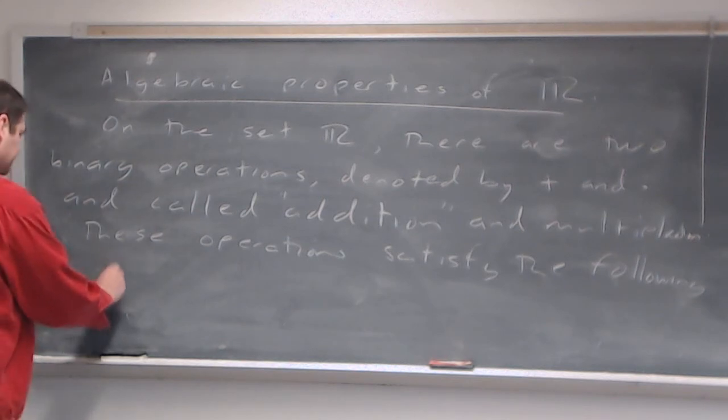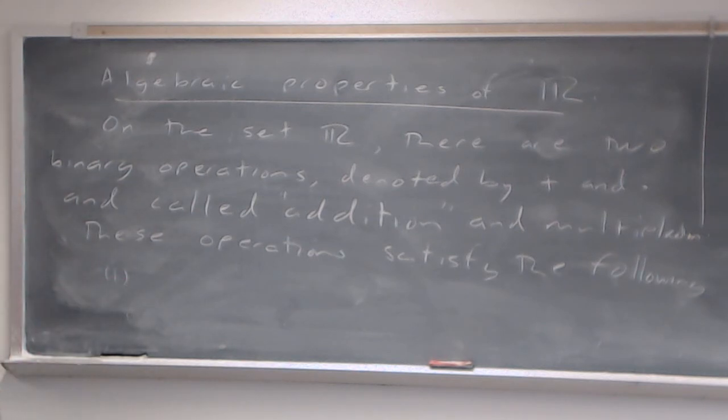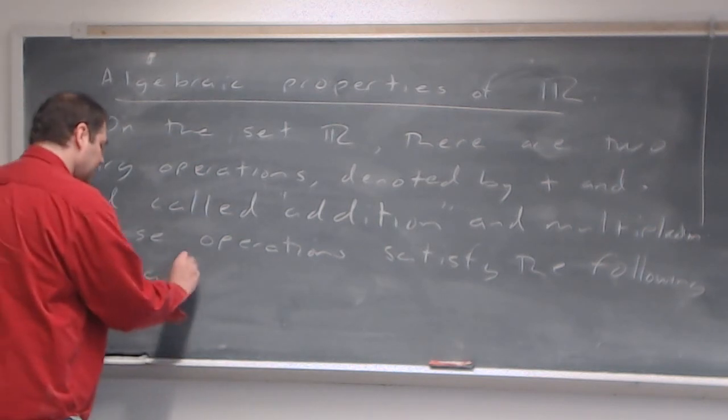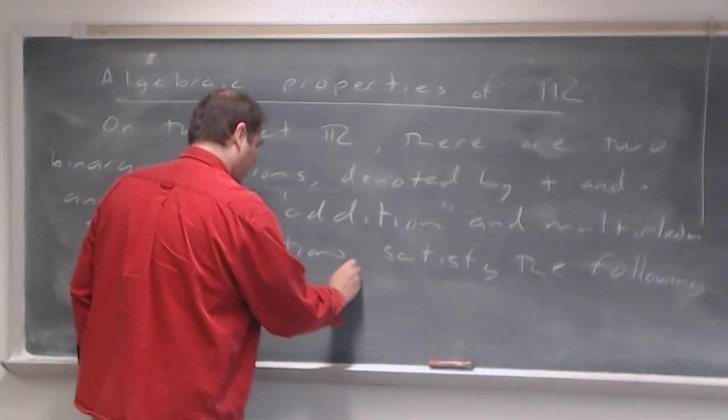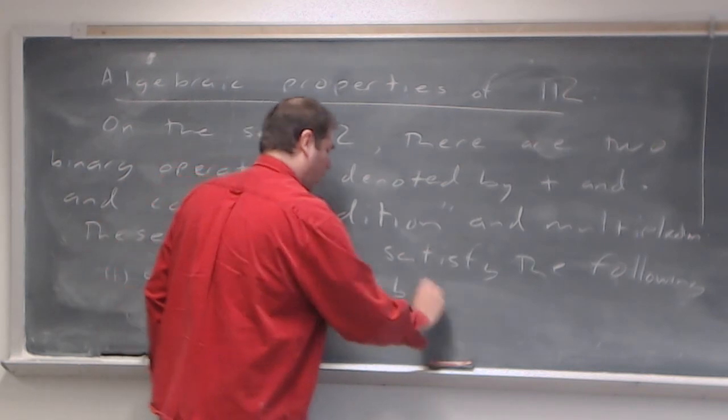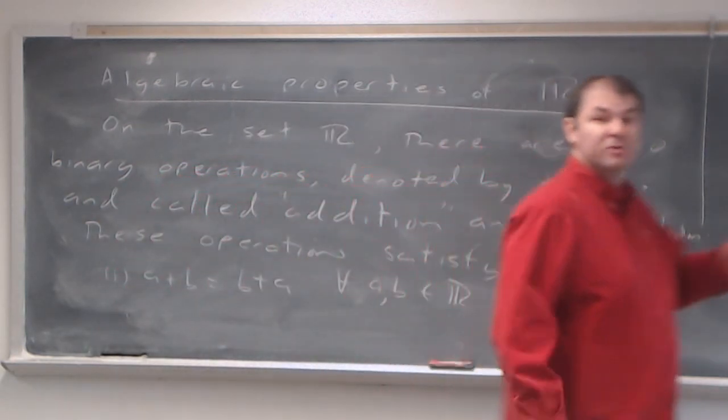The first one is A plus B is equal to B plus A, and that's for all A, B in R. That's the commutative property.